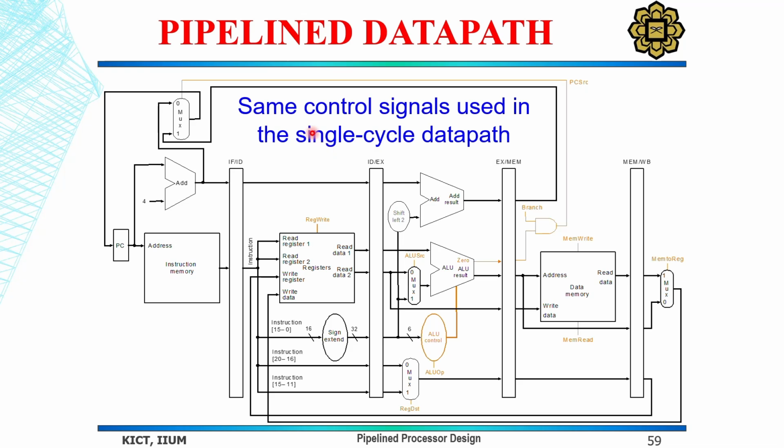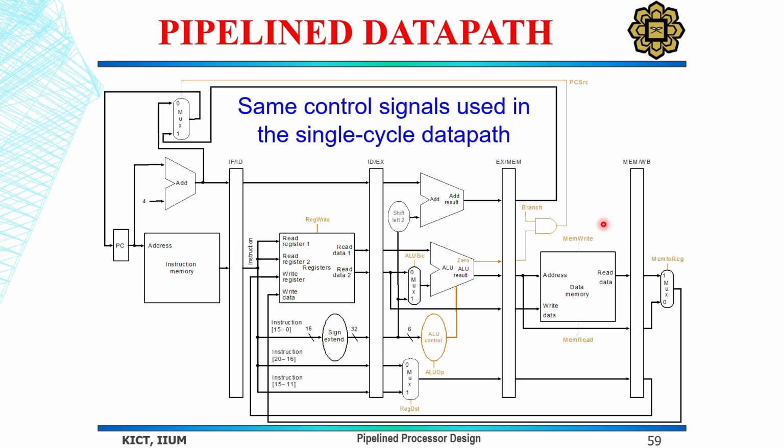The same control signals used in the single cycle data path are used here, but now they are pipelined so that they can process multiple instructions in the same clock cycle at different stages. You can see that the control signals are also pipelined. This is also a big difference.